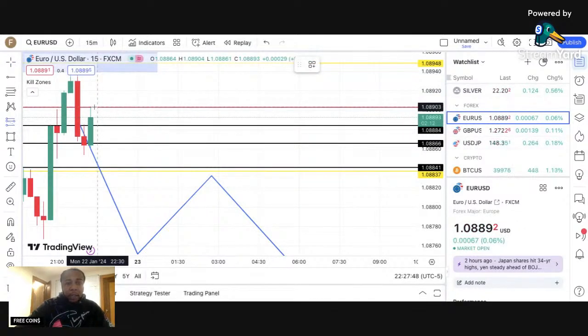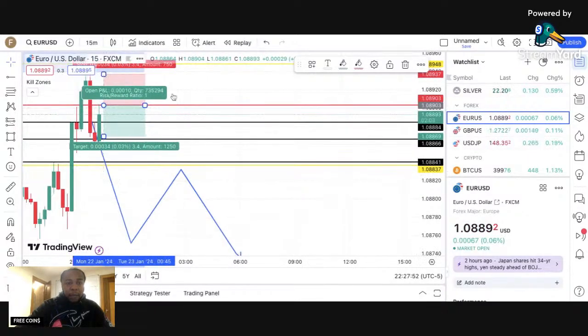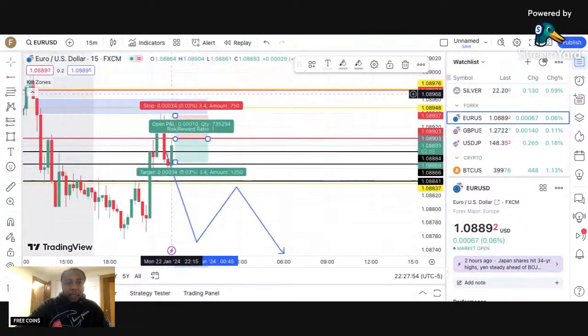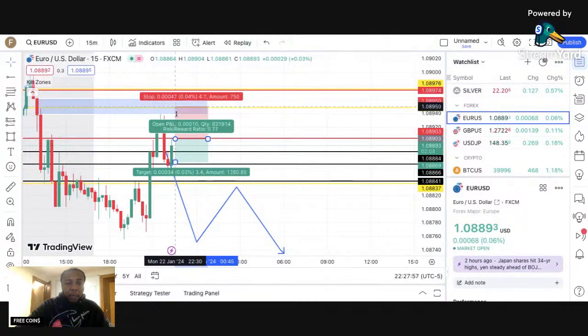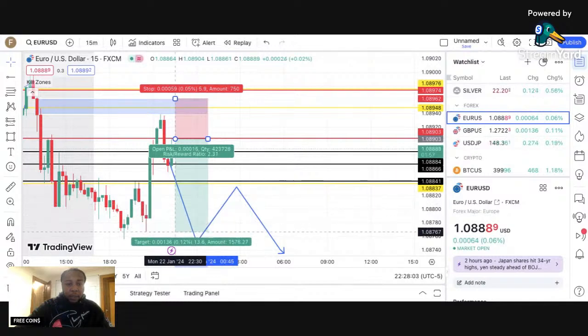So I'm gonna go here. I'm gonna say, if the market got back up to there, I'm gonna put this over here, off my high, and I'm aiming this lower. Previous low.